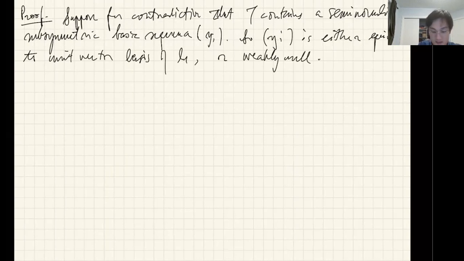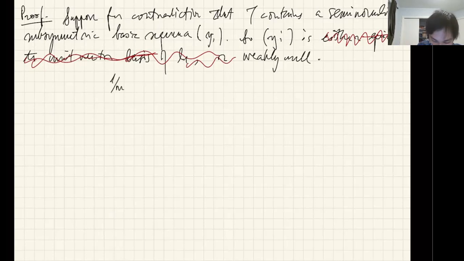We know it can't be equivalent to the unit vector basis of L1 because we showed before that L1 doesn't embed into T, right? So that's, I'm going to put it in red. It's no way. Okay, so it's weakly null.